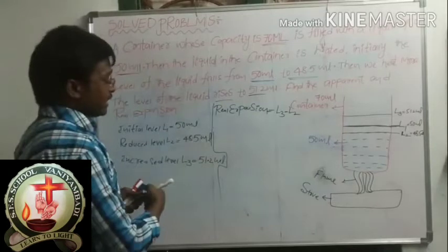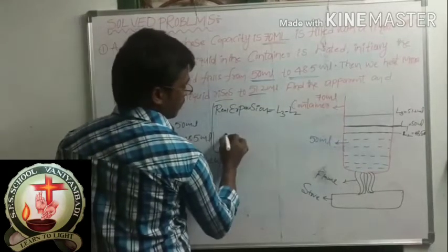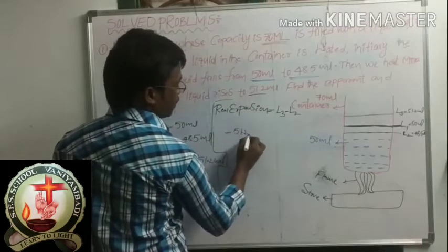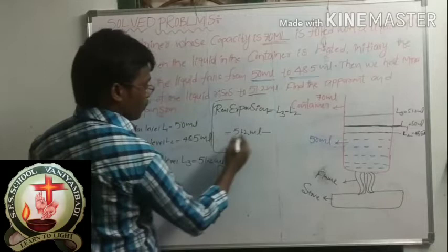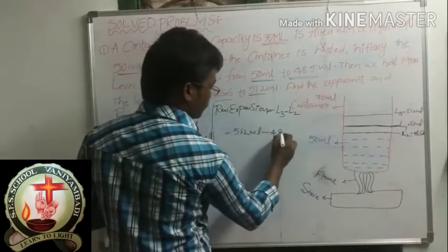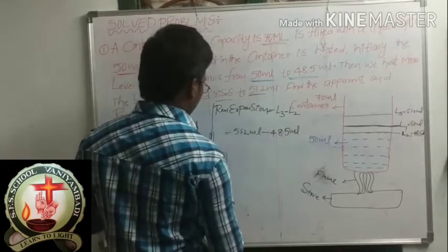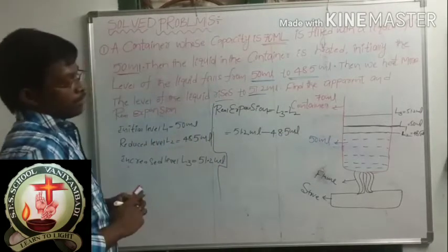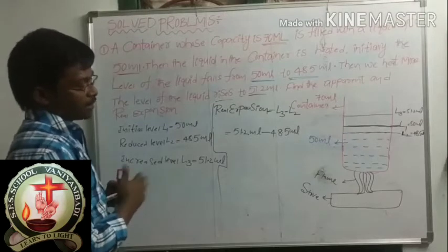So here, what is the L3 value? 51.2 ml. Just substitute it: 51.2 ml minus the L2 value, 48.5 ml. Okay, so please find the answer here.